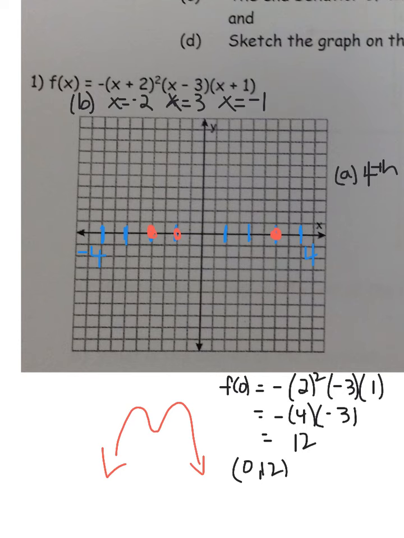Now, I don't have enough room here, obviously, lucky me. So I think I only go up to 10. So we're going to fake this, okay? I'm just going to go like this, and I'm going to write next to this 0, 12, okay? All right, so I know I have to come from down below here, so I'm going to go like this, and I know that I have to bounce, and then I'm going to go like this, and then I'm going to go like that.